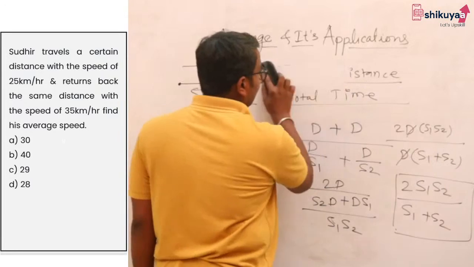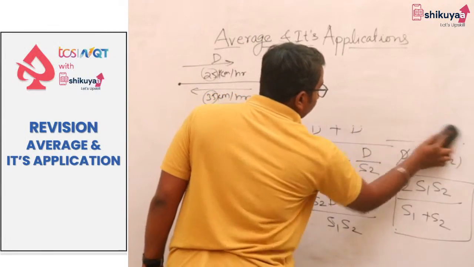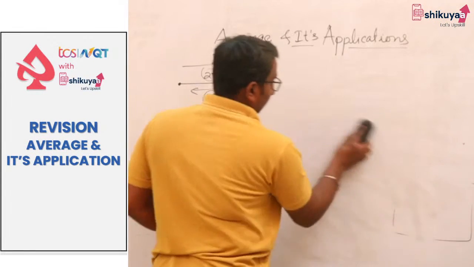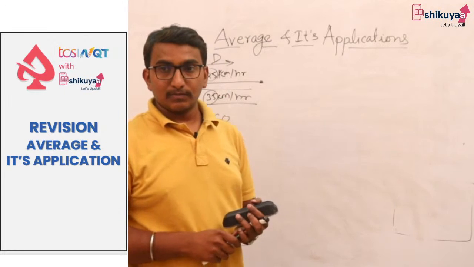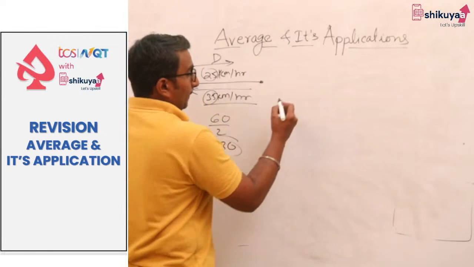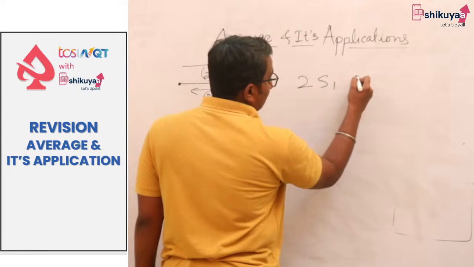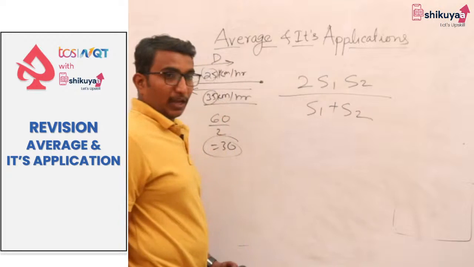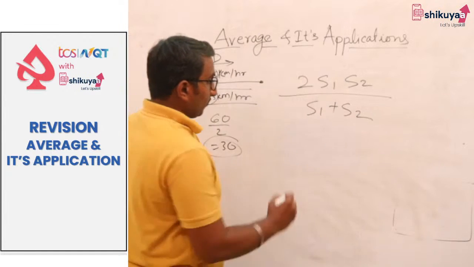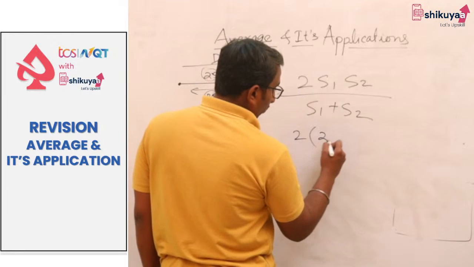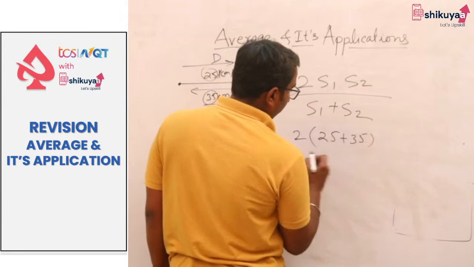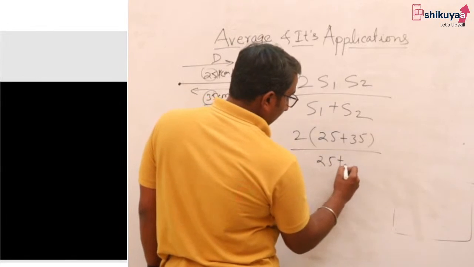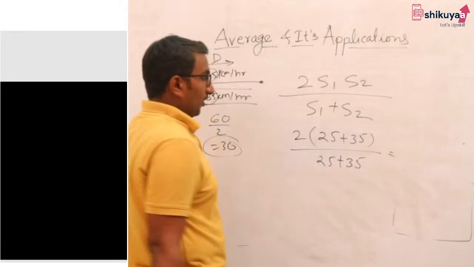Let us try to solve this example with this formula itself. So 2 s1 s2 divided by s1 plus s2.